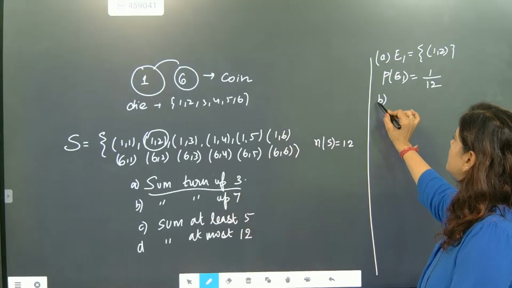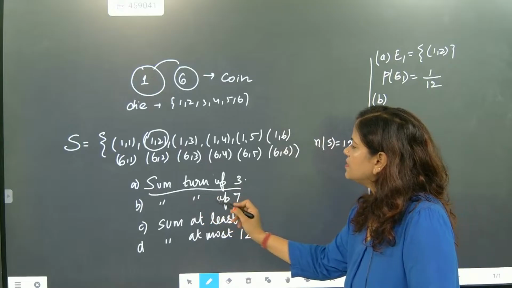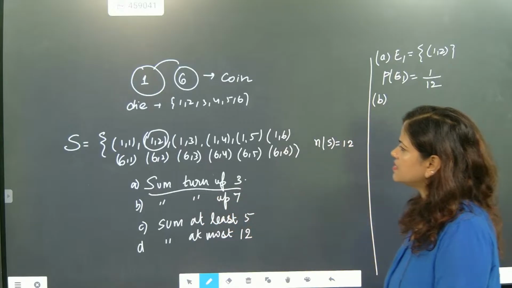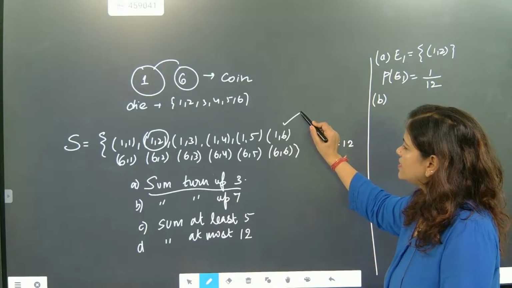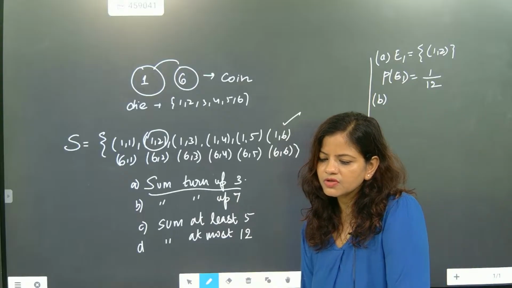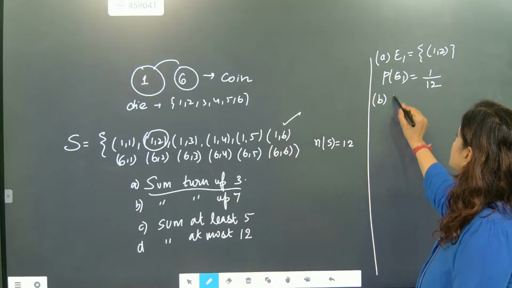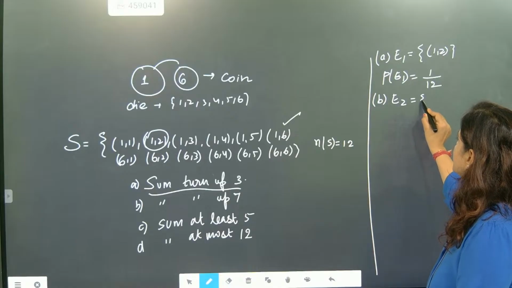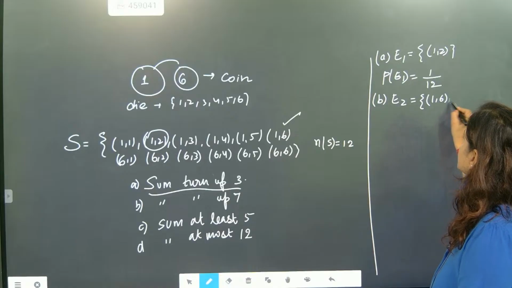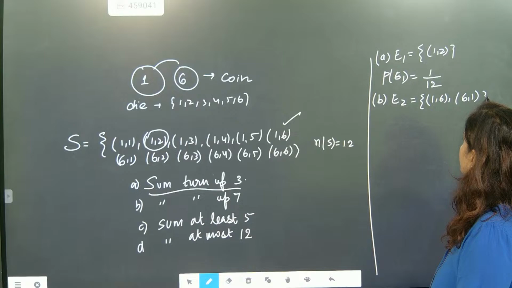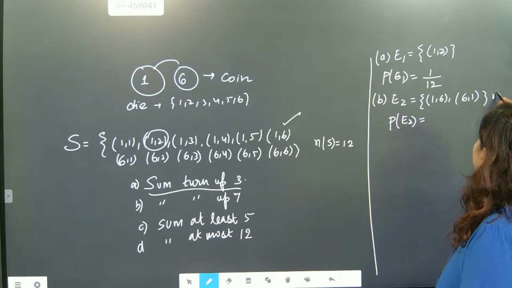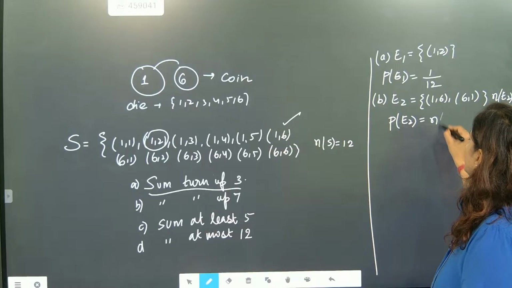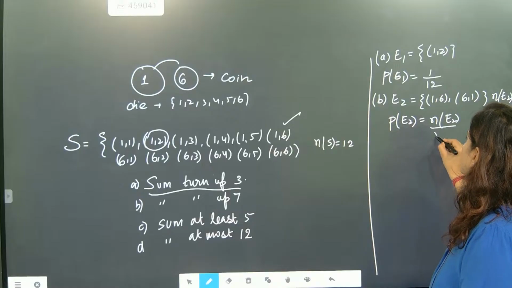Now can you attempt the second question? Sum turns up 7. Anywhere 7 is there? 6 comma 1. Is only one there, or two? Try to solve the question. Very good. The second event is 1 comma 6 and 6 comma 1. So the probability of getting event 2 is the number of elements in event 2, which is 2, by the sample space.